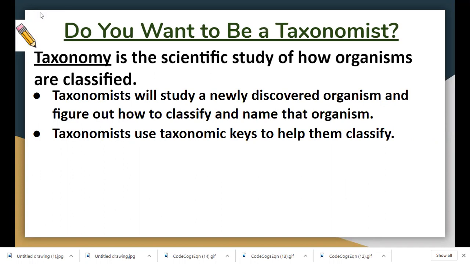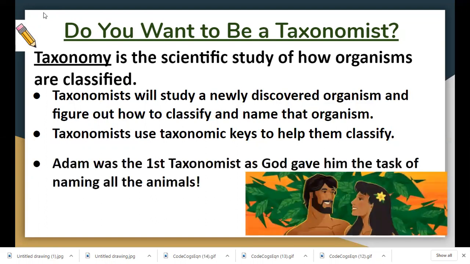We'll talk about those further down the road, but you can use certain keys. Does it have 4 legs? If yes, go here. If no, go there. That's the taxonomic key. Adam was the first taxonomist as God gave him the task of naming all the animals. Think about that. The first man ever created had to name all of the creation that God made.